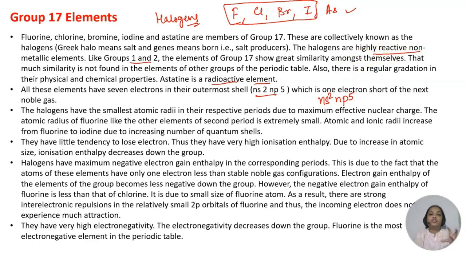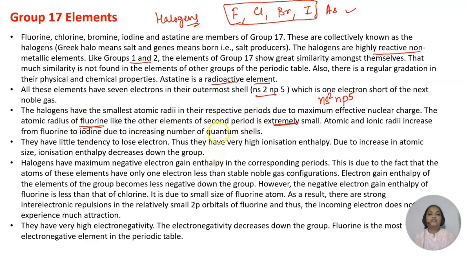They have the smallest atomic radii. When we move left to right in a period, atomic radii decrease. Here the nuclear charge is maximum because of 7 electrons in the outermost shell, so they have the smallest radii. Just like other elements of the second period, the radius of fluorine is very small.